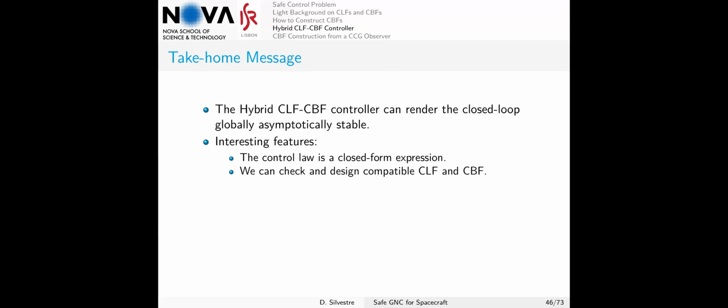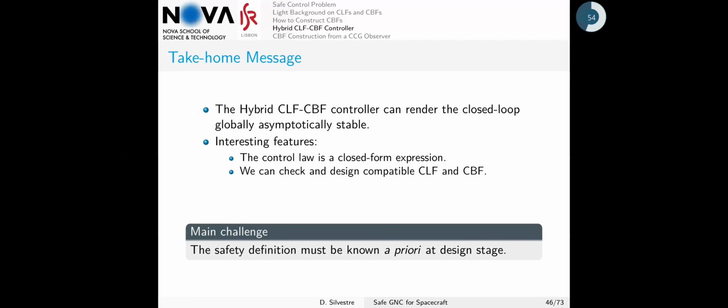Of course, we are approximating a little bit, because whenever you use the log-sum-exp, you are not exactly using the polytope, you're using something that resembles the polytope. And we can check and design these compatibilities just as I was doing in the controller. You calculate when this intersection is empty and you keep the exact same steps.